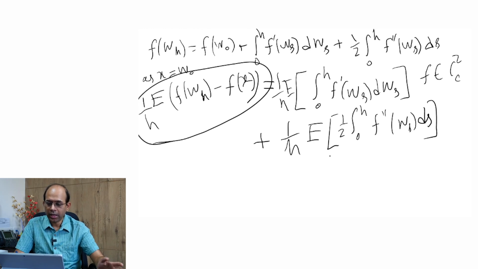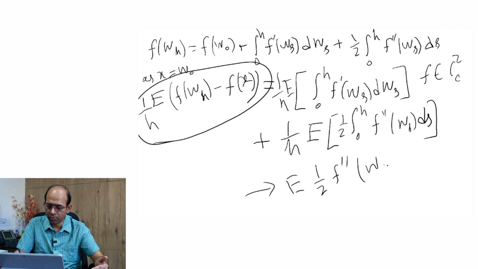And then as h tends to 0, the integration 0 to h of f double prime W_s ds, this whole expectation converges to the expectation of half times f double prime of W_0.